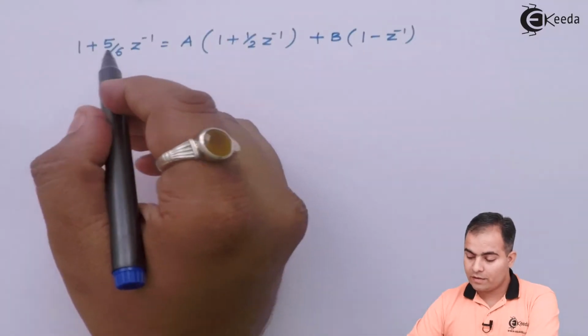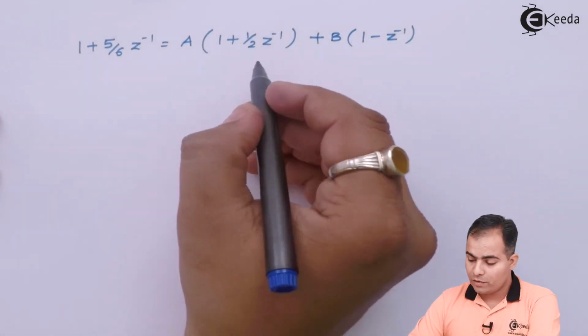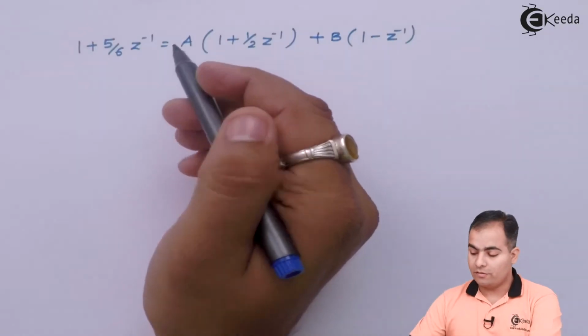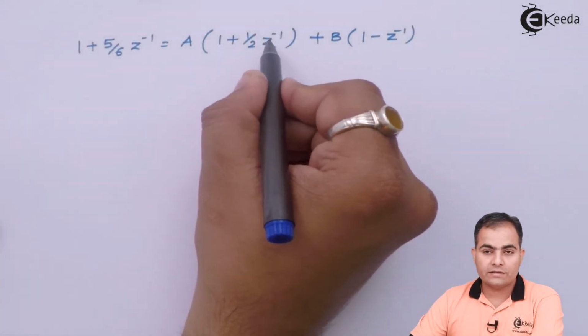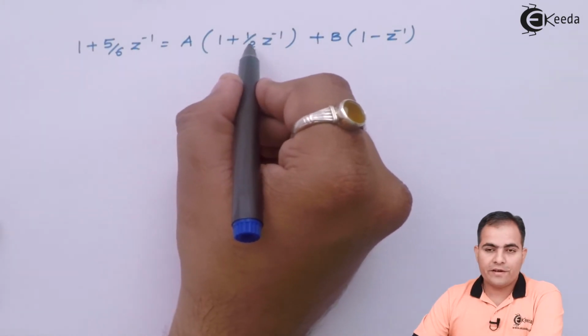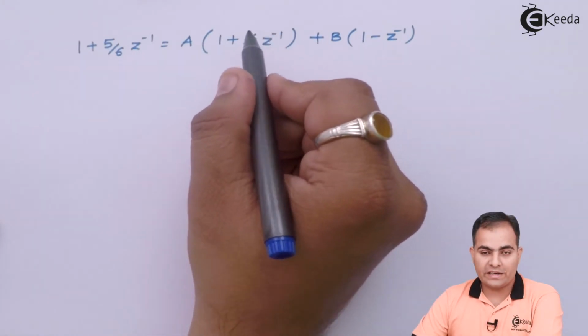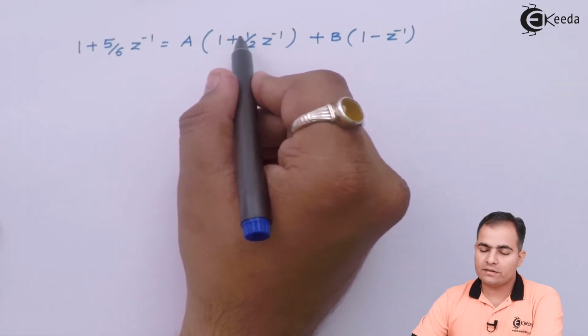Now the next part is we want to calculate the value of B. If I replace this whole z inverse by minus 2, then this half, that is 0.5 into minus 2, answer is minus 1. So this plus sign is also replaced by minus 1, and 1 minus 1 is 0.